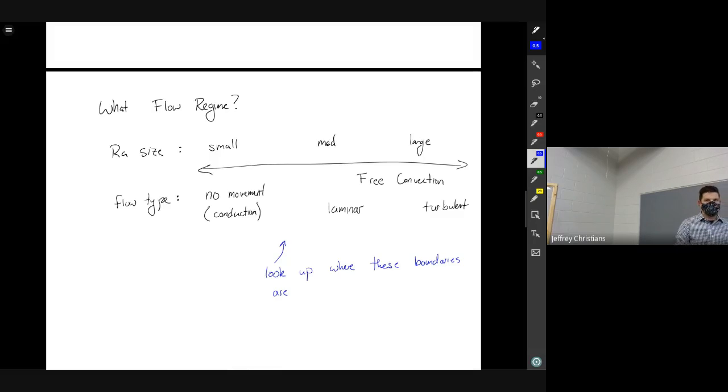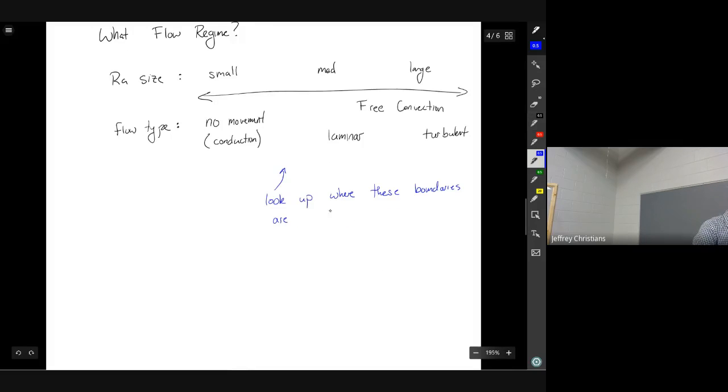So to figure out what is small, what is medium, what is large, you have to look that up. For flow, well, let me change how I'm wording that.